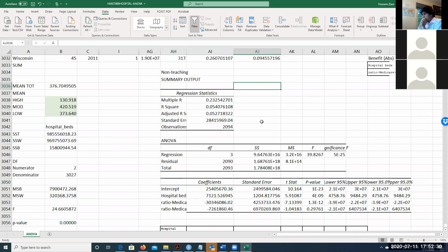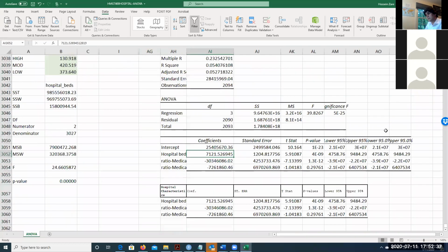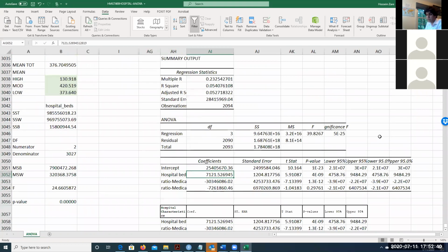Of course. The formula shows the association between benefit and hospital beds, hospital Medicare ratio, and hospital Medicaid ratio. So this is the formula, right? You have the benefit as a function of beds, Medicare, and Medicaid.